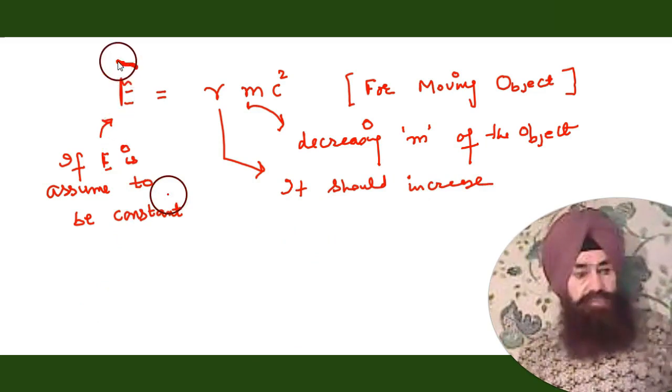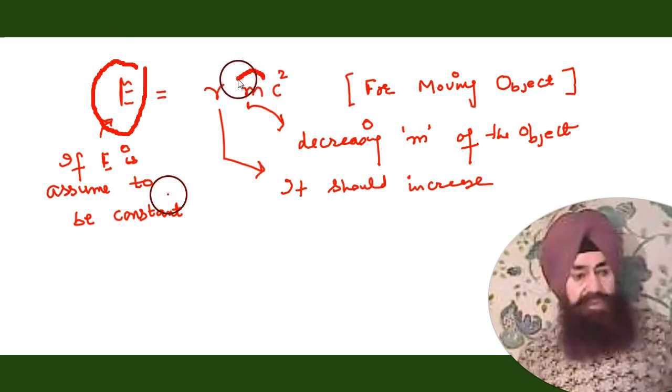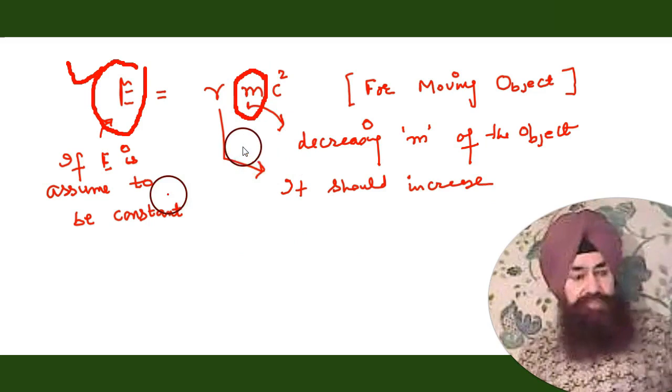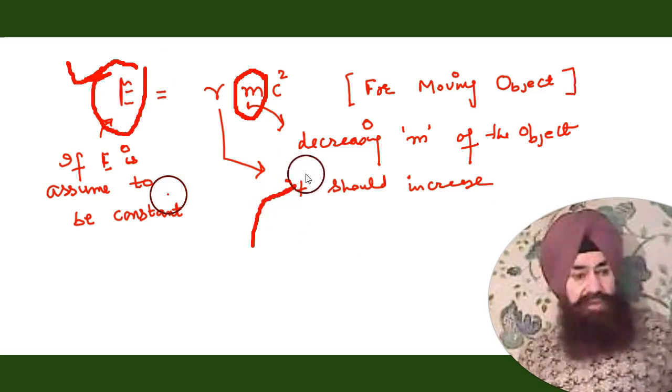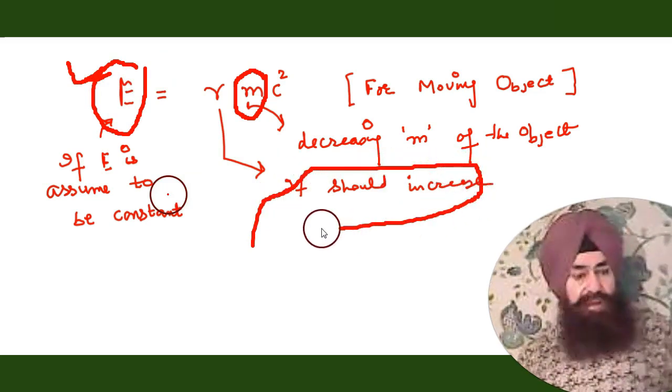If E is assumed to be constant, and you make the mass smaller and smaller but you want the same energy, then the value of gamma has to increase.